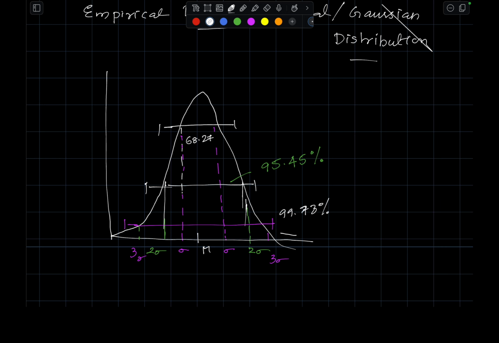So this is the empirical rule of normal or Gaussian distribution, which says that mu plus or minus sigma will cover 68.27% of the entire data, 95.45% of the entire data will be covered in mu plus or minus 2 sigma, and similarly 99.7% will be covered in mu plus or minus 3 sigma.